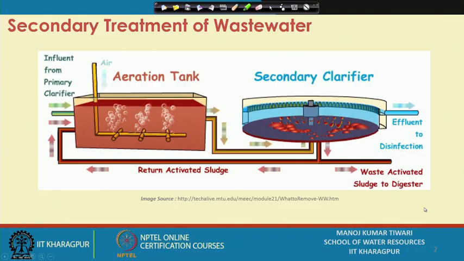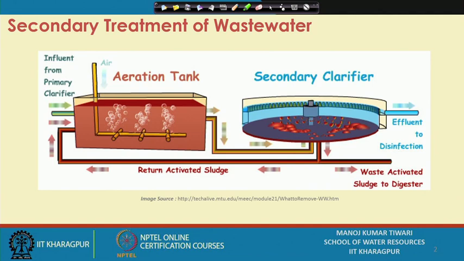treatment or primary sedimentation. In this class we are going to discuss the basics of biological treatment of wastewater, and in subsequent classes we will take one by one some of the treatment units which are used for the purpose of biological treatment of wastewater.